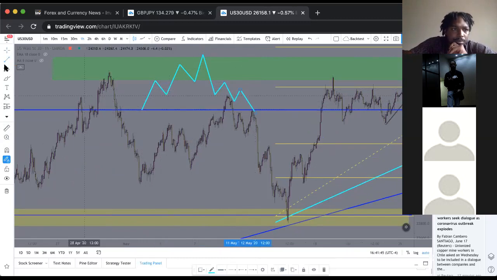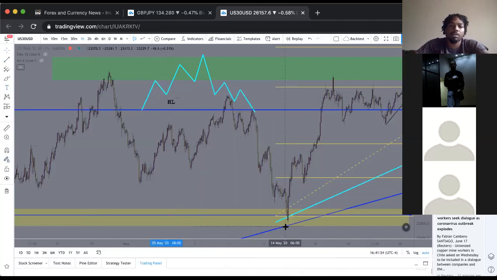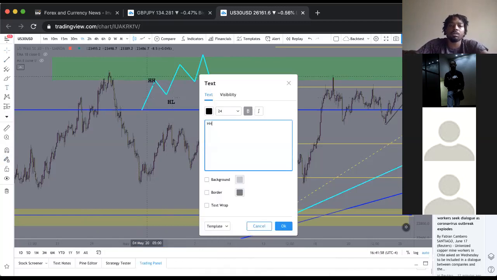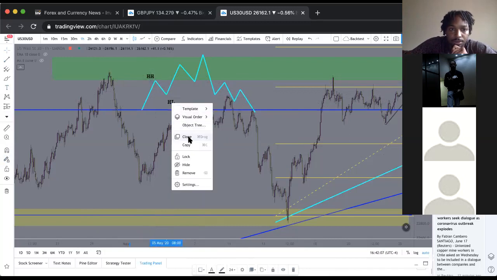Right. So just starting off, we always start off with market structure. And the reason is because this is the only thing that always comes first.